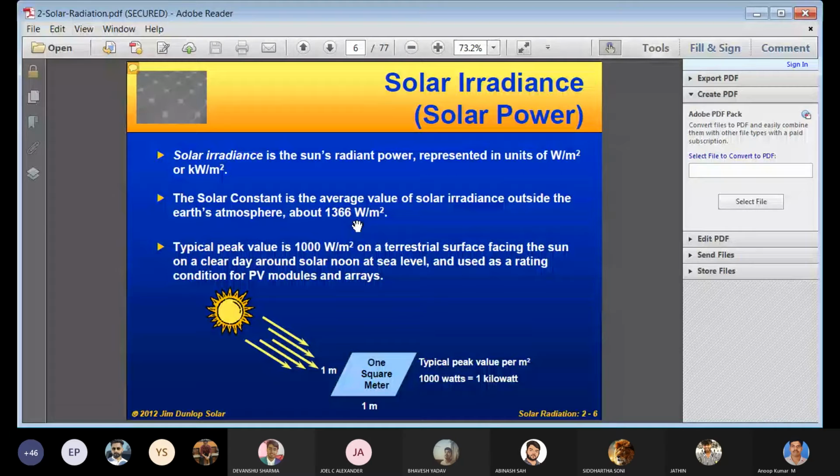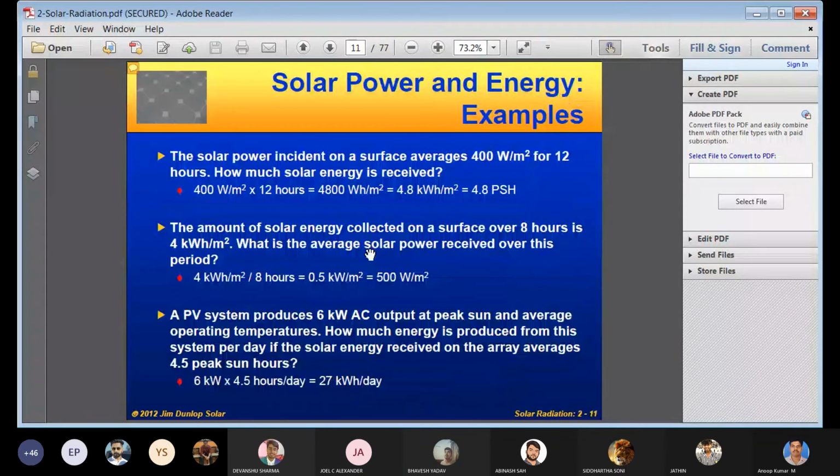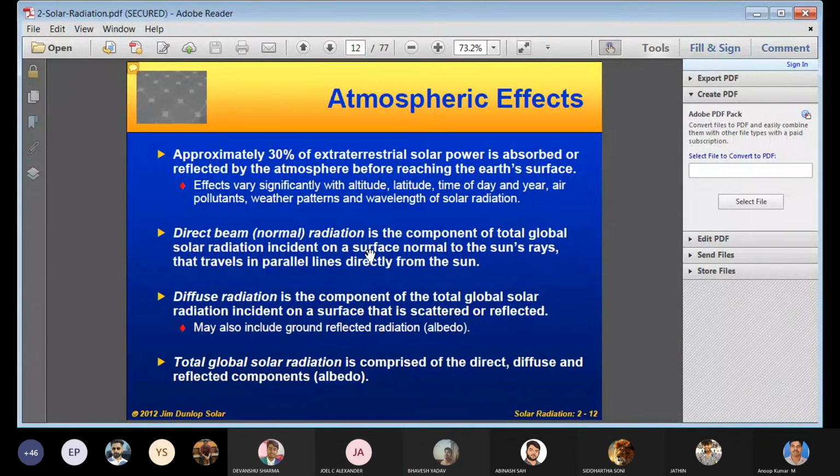Okay, 1366 into 30%, 1366 into 0.3, is 409.8. That is 409.8 watt per meter square absorbed. So on Earth we can expect 0.7 of it, 956 watt per meter square.